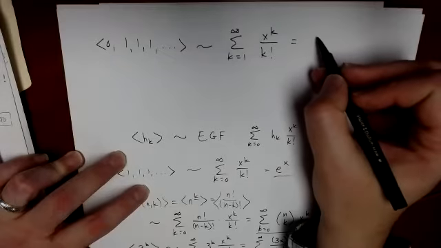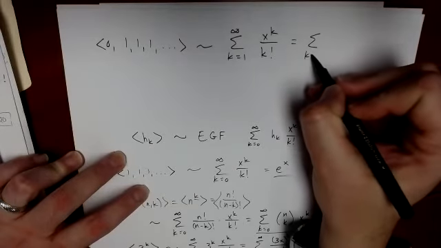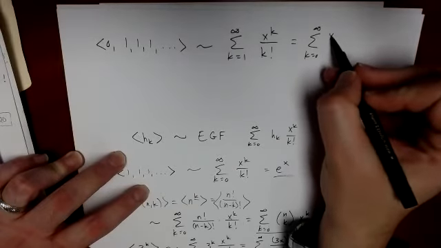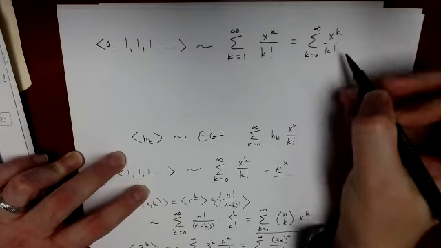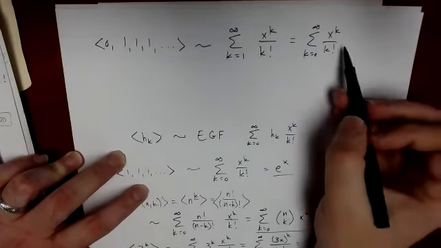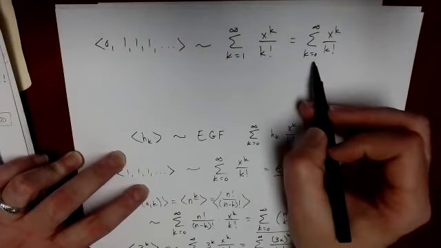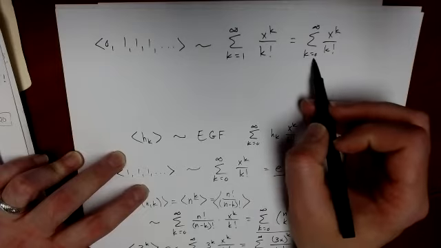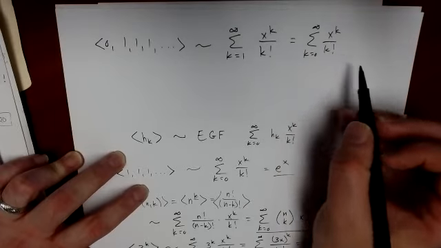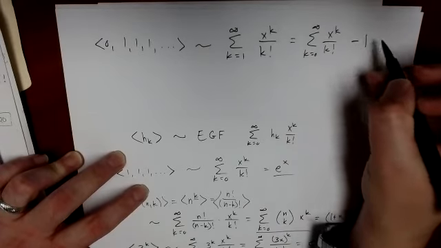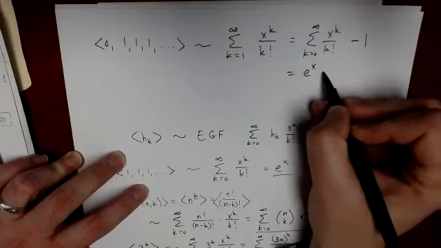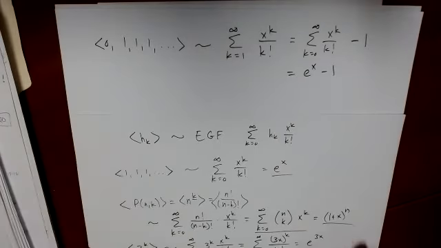But this is equal to the sum as k goes from 0 to infinity of x to the k over k factorial. And then all I've got to do is figure out what I added in to get that sum, and that's just 1, right? When k is 0, that'll be 1 over 1. So I just need to subtract 1. So this is e to the x minus 1.